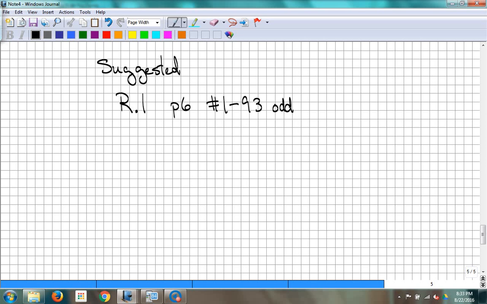1 through 93 odd. Do you need to know all 40-something of those problems? Probably not. But I would make sure I do some from each little subset. Your book really does a good job of breaking it up into subsets. Like you'll see a set of problems. It'll have a set of instructions above it. And then there'll be another set of instructions and another set of problems.